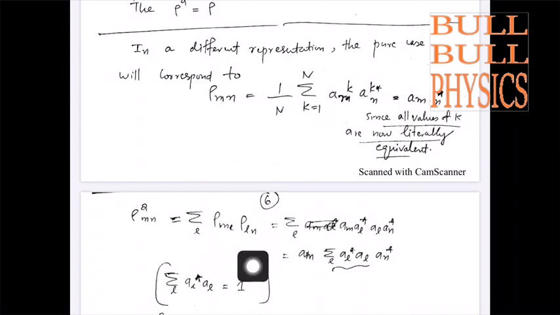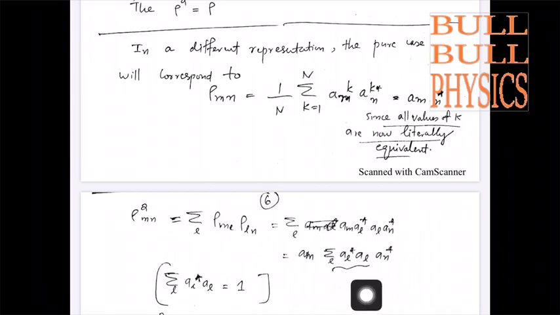So as we multiply, here we will have sigma l. This rho ml is written in this form as a m a l conjugate, and rho ln is written as a l a n conjugate. So this can be written as a m, sigma l, a l conjugate a l, a n conjugate.